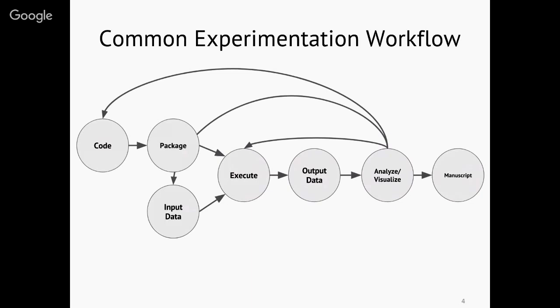A lot of us first code our experiments, and then we package that code somehow. We might be generating binaries and distributing them manually, or through software packages like Linux packages, or through other means like virtual machines or Docker containers.